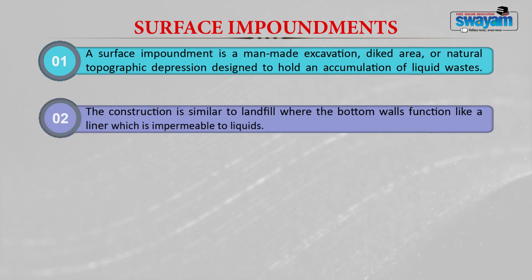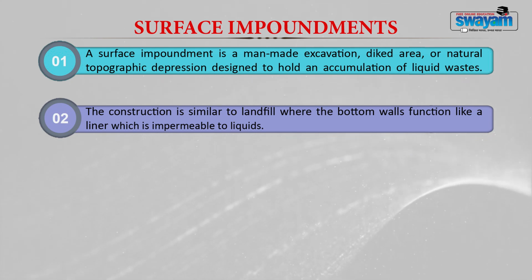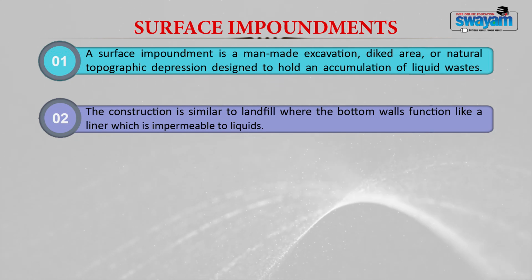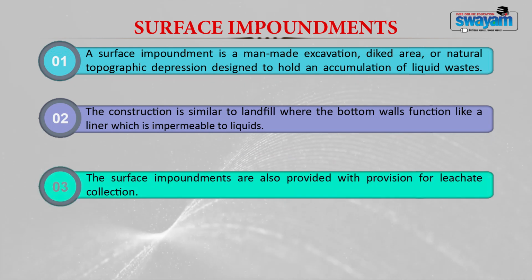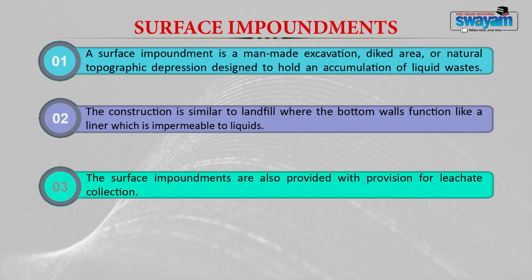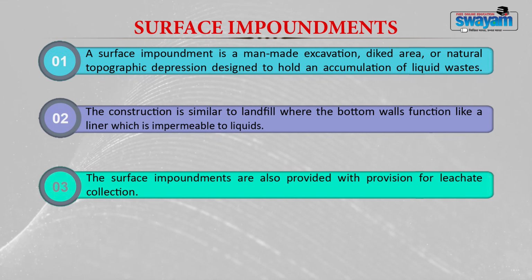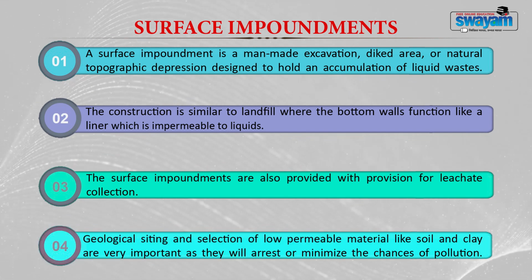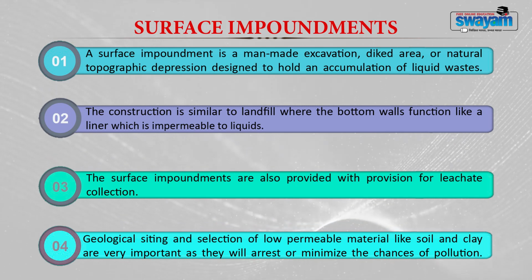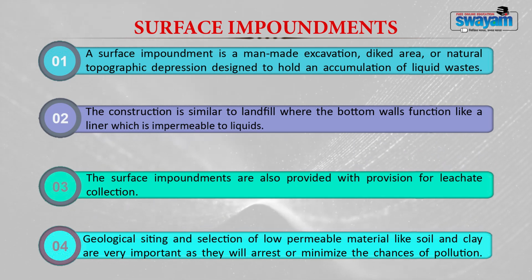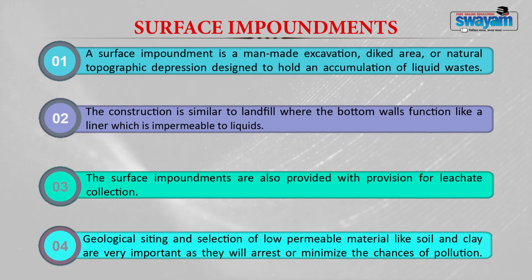The construction is just similar to that of your landfills, where the bottom walls function like a liner which is impermeable to liquids. The surface impoundments are also provided with certain provisions for collecting the leachate. Now, geological siting and selection of low permeable material like soil and clay are very, very important because they will arrest or minimize chances of pollution of groundwater.